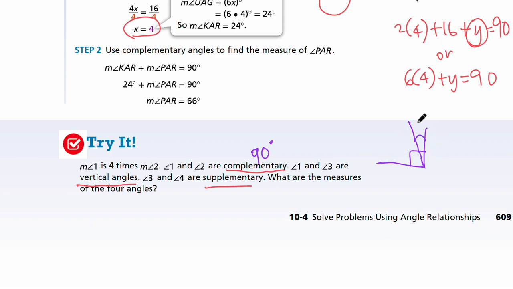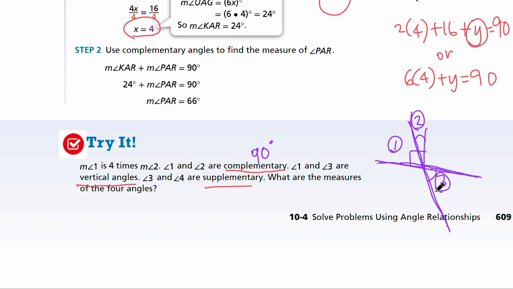This is the measure of angle 2, and then this is the measure of angle 1. This is angle 1, right? And then angle 1 and angle 3 are vertical angles. So you have 2 lines that are the same. These 2 lines and these 2 lines are the same, and then this is vertical. So this is the measure of angle 3.